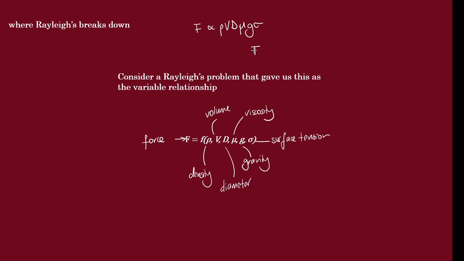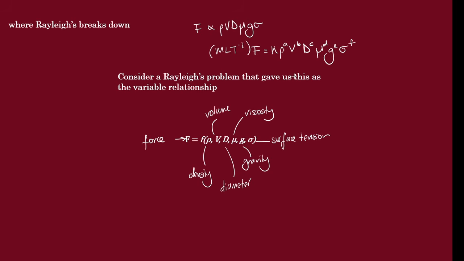Okay, and solving this properly will introduce a constant and raise everything to an exponent, rho to the a, v to the b, d to the c, mu to the d, g to e, and sigma to the f, all equal to force, which will have dimensions MLT to the -2.